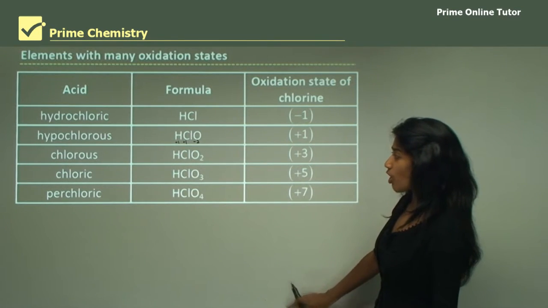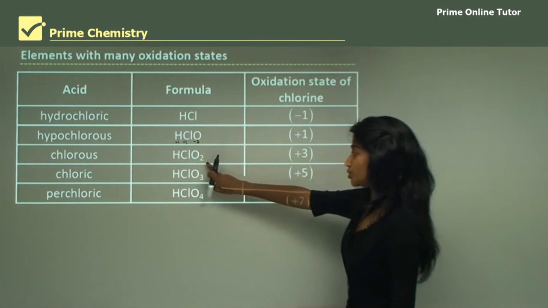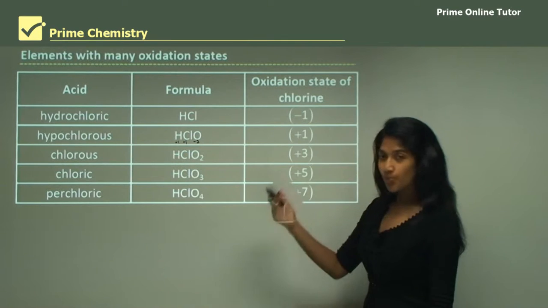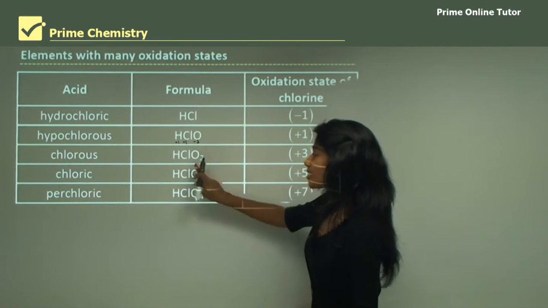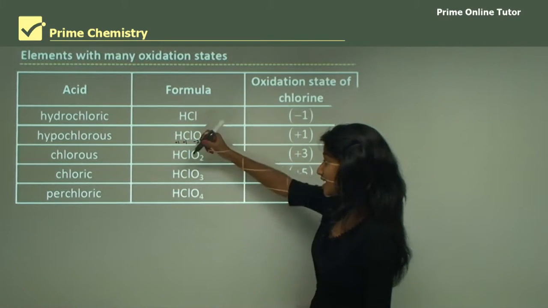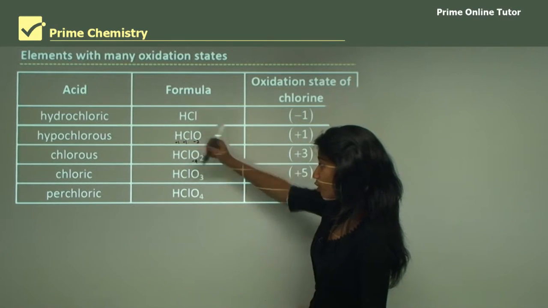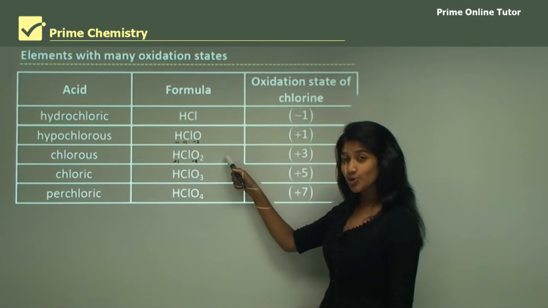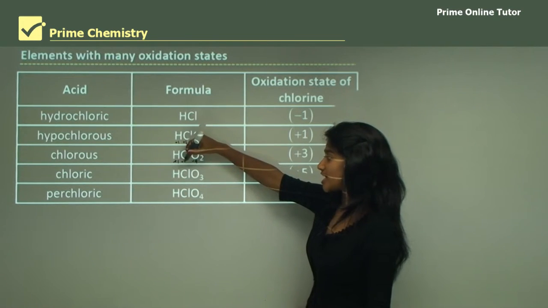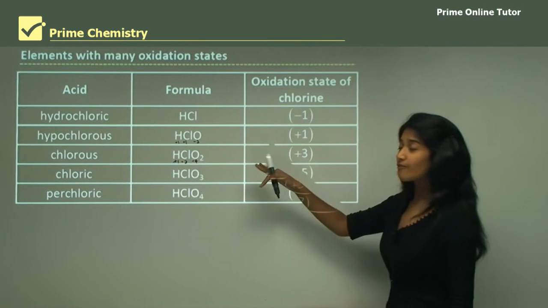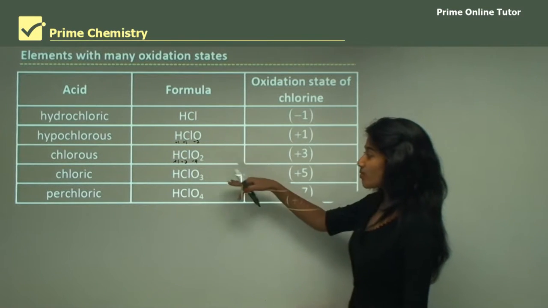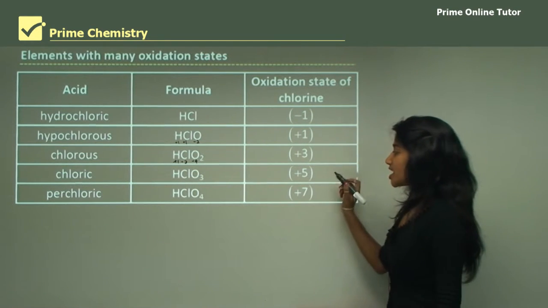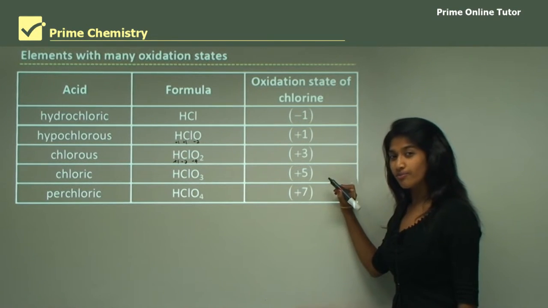Then we have chlorous acid, which is HClO2, and this has a +3 oxidation state. To work that out, we have 2 oxygens, which gives us an oxidation state for the oxygens of -4. The hydrogen has +1. That means to make this equal 0, we have to have an oxidation state of +3 for the chlorine. Now with chloric acid, HClO3, the chlorine has an oxidation state of +5.